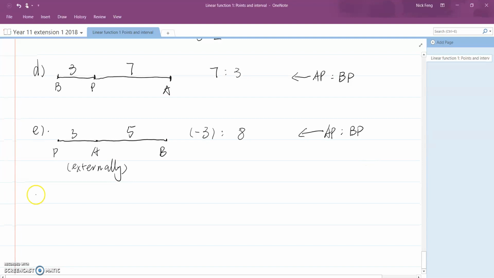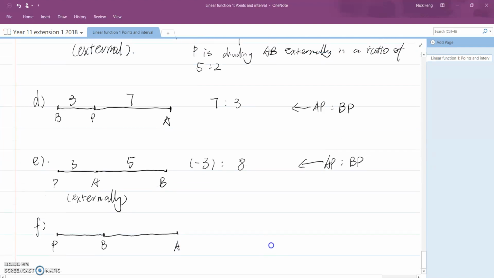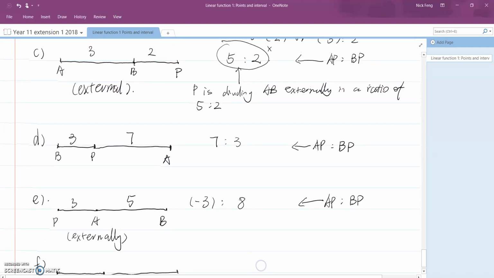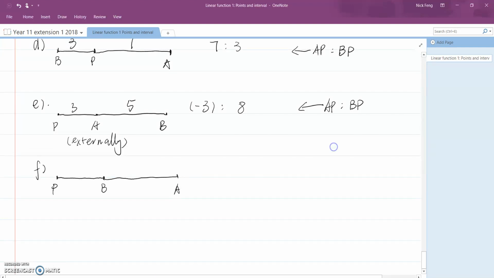Okay, let's do one more. What happens if I have P in here, B in there, A in there? This is actually pretty much the same situation as example C. So for example, if this is 4 and this is 9, now here is another external division point because P is no longer in the middle of AB.